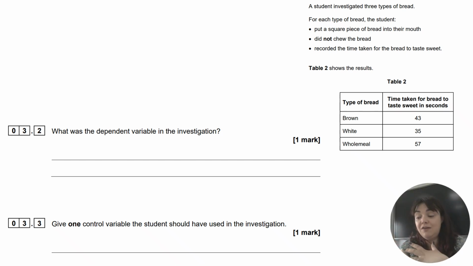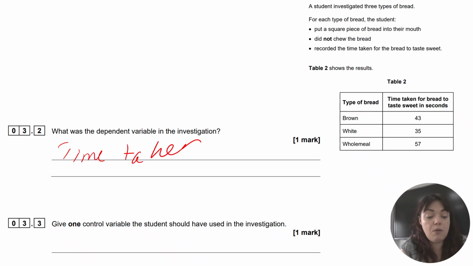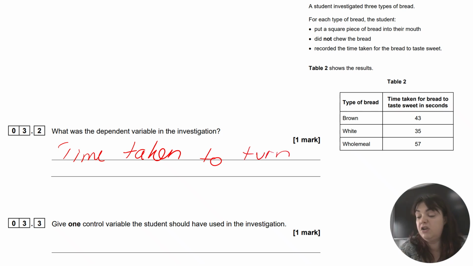So in this case, the right-hand column is the time taken for the bread to taste sweet. Now, time unqualified: if you've just written time, then you would not get the mark. It has to be time taken for bread to taste sweet, or time taken to turn sweet, anything like that.